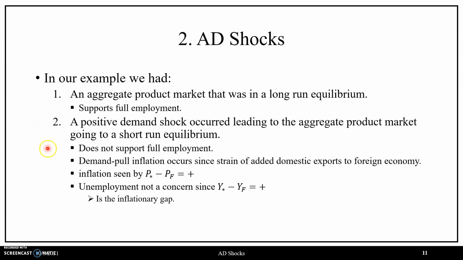This resulted in demand pull inflation such that when we adjusted to a new short-run equilibrium, we did not support full employment, and there was inflation given that our average price level P star was strictly larger than our targeted average price level, and unemployment was not that much of a concern since capital Y star was strictly larger than potential output, where this positive gap in output is what defines the inflationary gap.